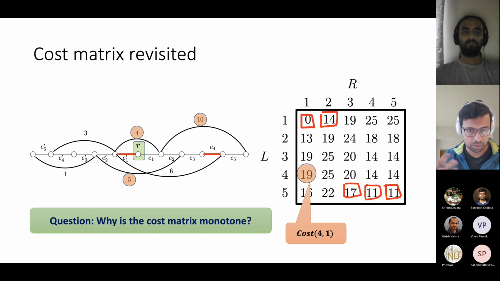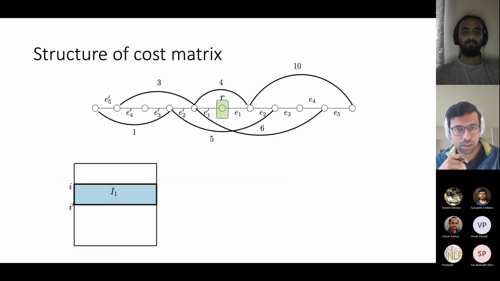Okay, so here is how you prove it. Think of the problem in the following way. Suppose I give you just the tree, which is the two paths hanging from the root, without any other edges, without any fat edges. So you start off with an empty matrix. And now I start giving you the non-tree edges.